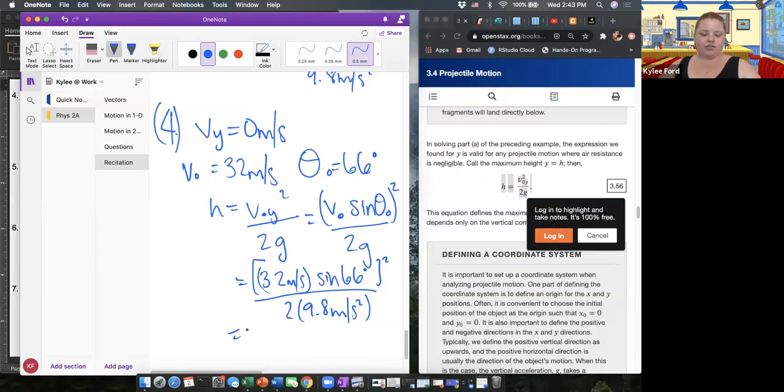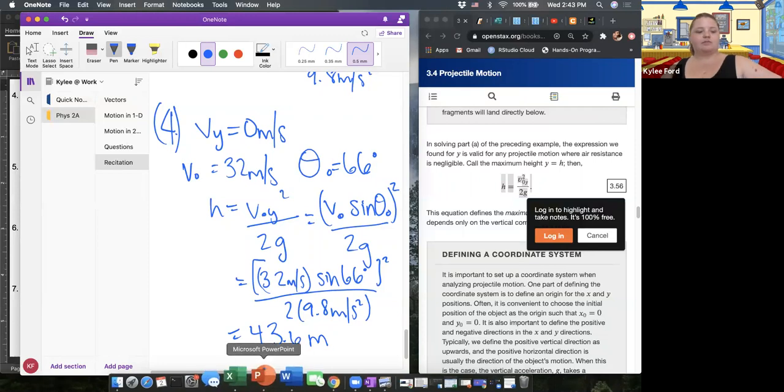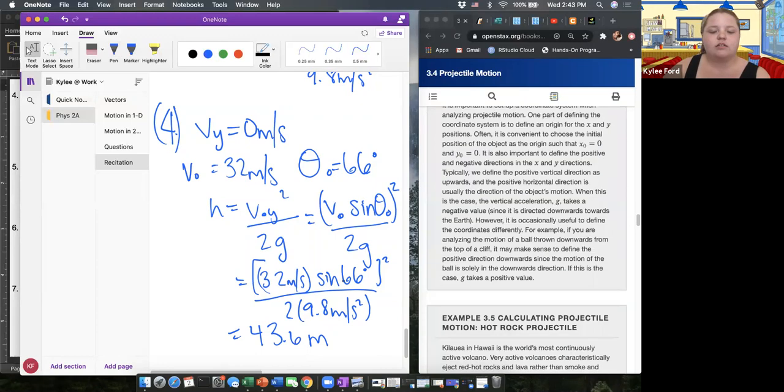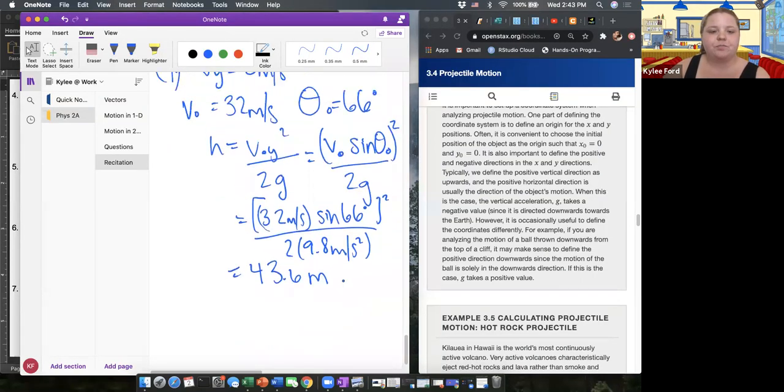I'm actually getting 43.6 as my maximum height.